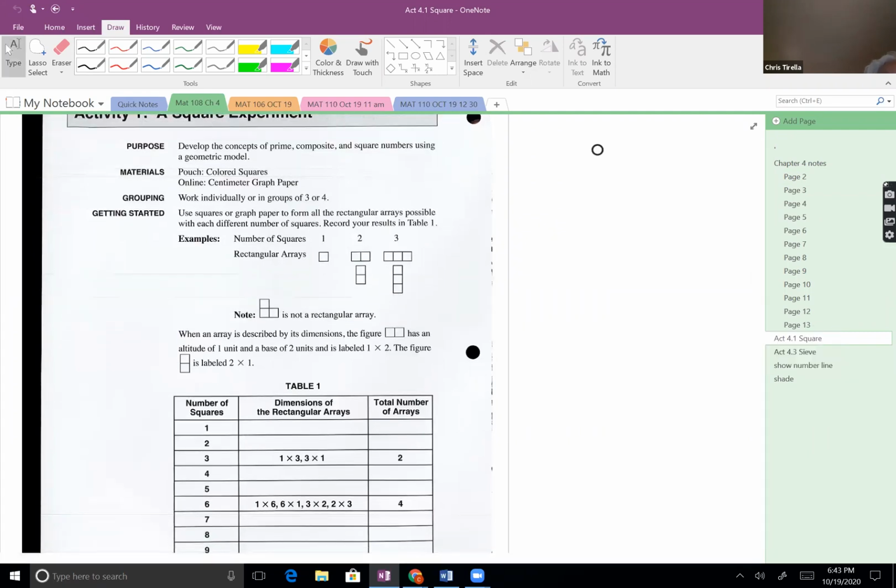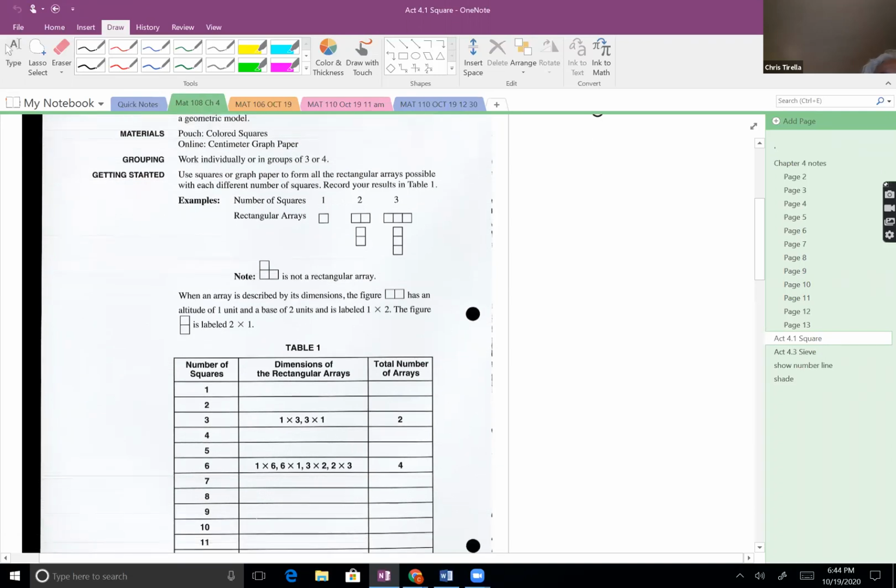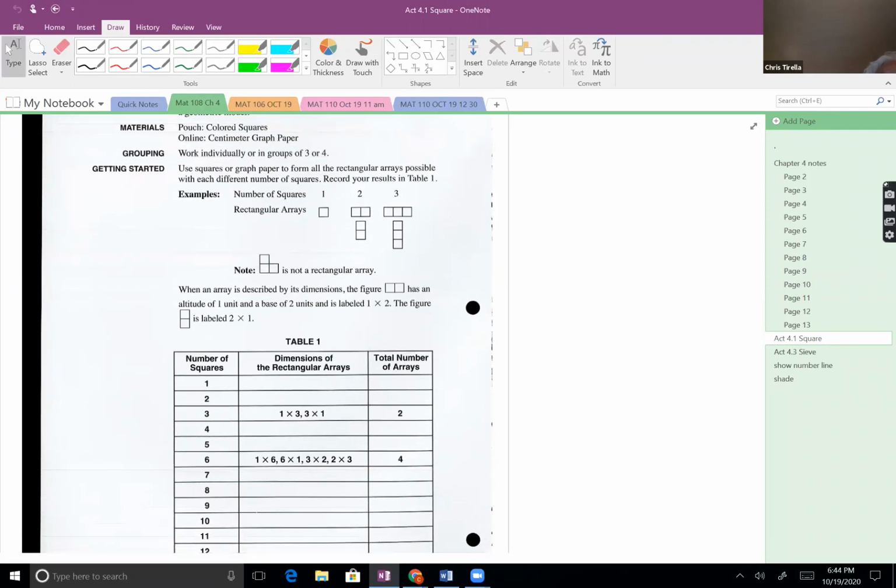In the back of your activity manual, there's a pouch of little squares, or you can look at centimeter graph paper.